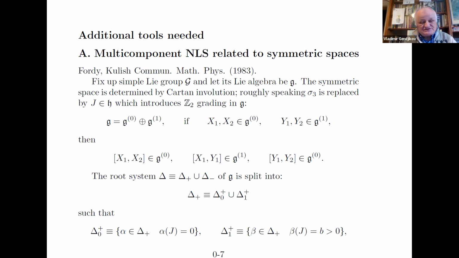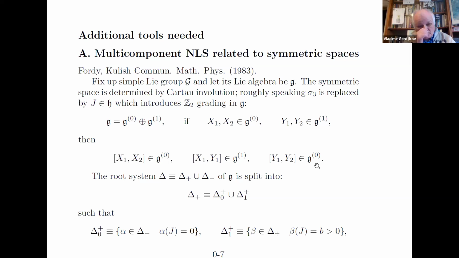And this splitting is actually a grading of the Lie algebra, which is such that if X1 and X2 belong to g0 and Y1, Y2 belong to g1, then the commutation relations are such that [X1, X2] belongs to g0, [X1, Y1] belongs to g1, and finally, [Y1, Y2] belongs to g0.